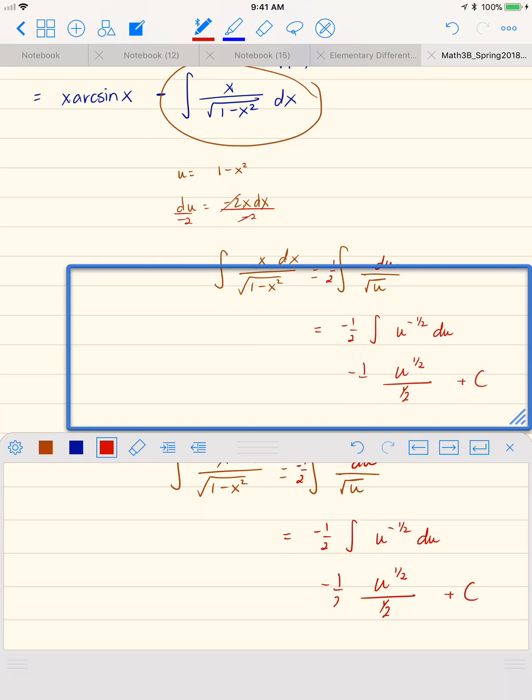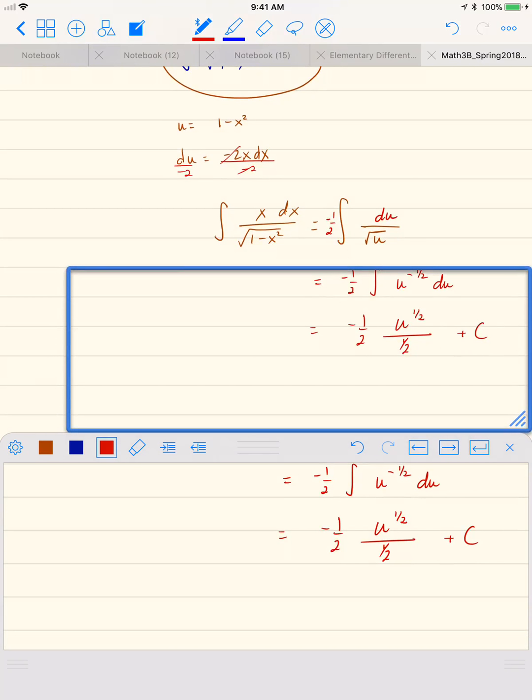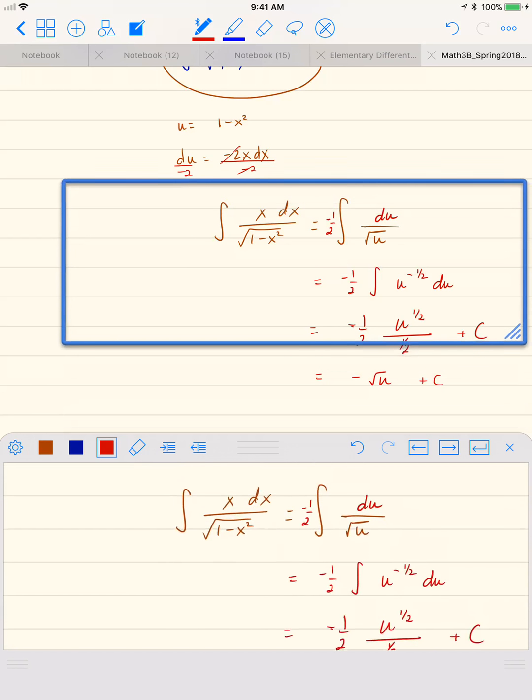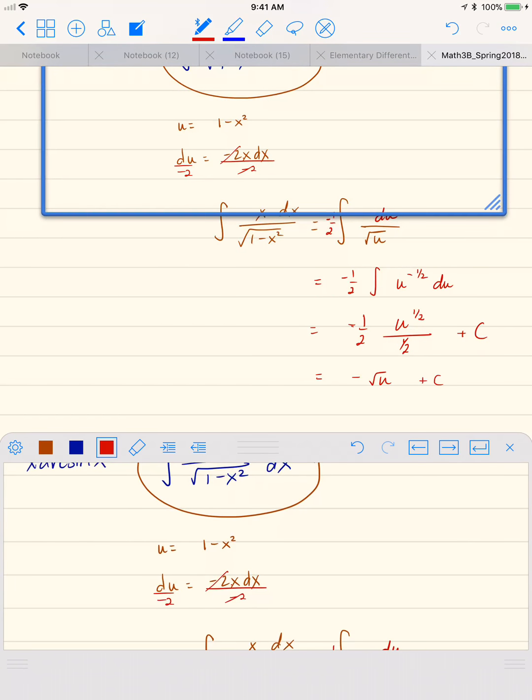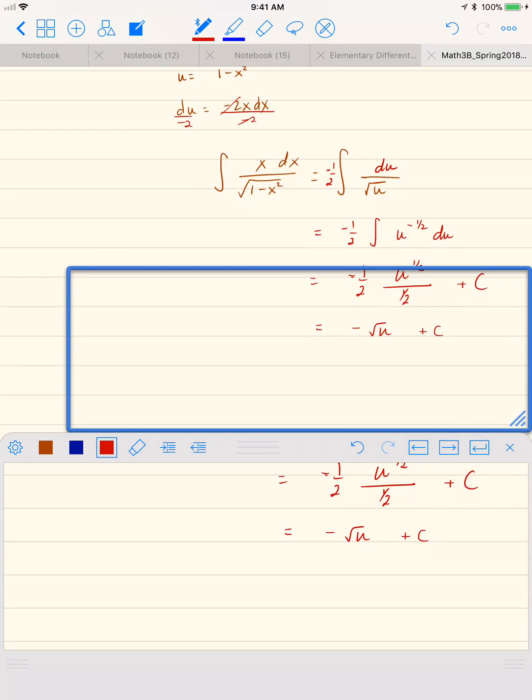I still have this factor of negative 1/2 out front. And so the 2 and the 1/2 will cancel each other out. So I'll just have negative square root of u plus c. But remember, u was 1 minus x squared. So I'll have negative square root of 1 minus x squared plus a constant.